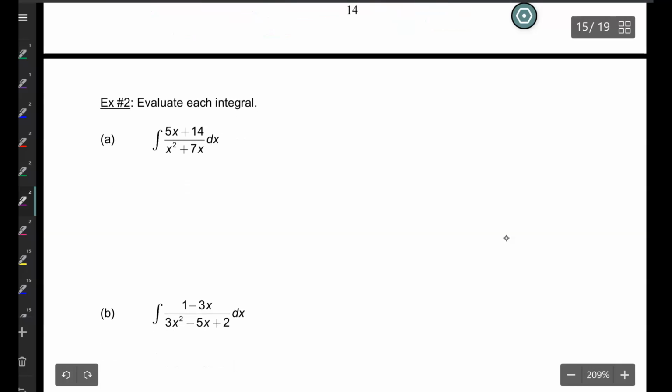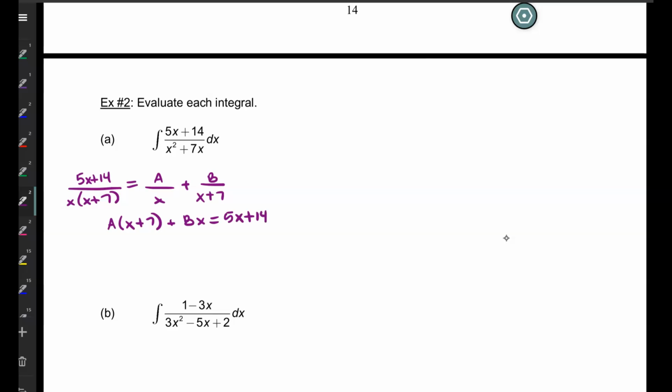So before we do that, let's write this. So 5x plus 14 over x times x plus 7. So we'll have A over x plus B over x plus 7. So I have A times x plus 7 plus Bx equals 5x plus 14. Okay, so when x equals negative 7, plug that in.